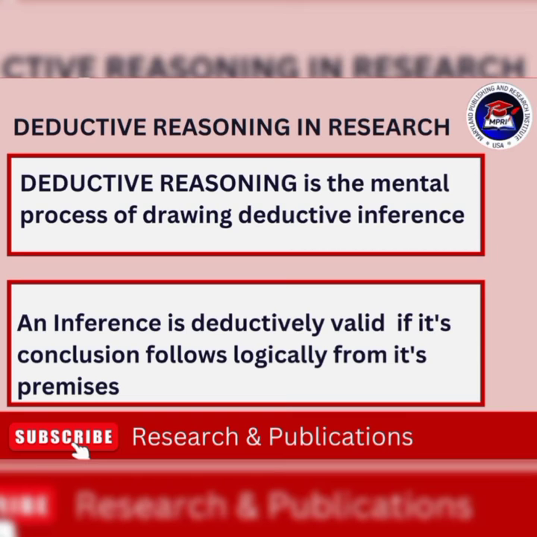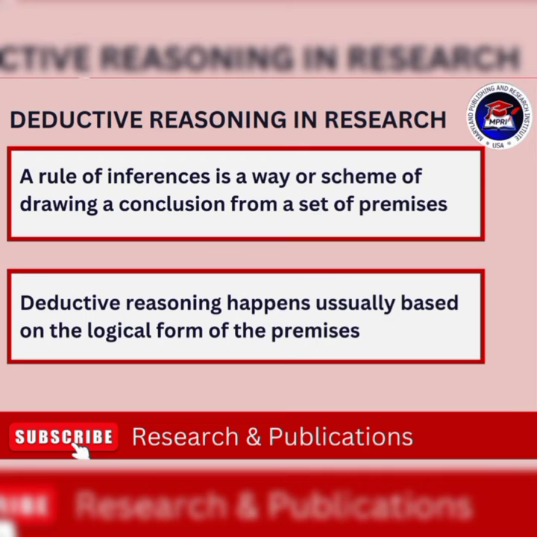Deductive reasoning. Deductive reasoning is the mental process of drawing deductive inferences. An inference is deductively valid if its conclusion follows logically from its premises. For example, it's impossible for the premises to be true and the conclusion to be false. In research, deductive reasoning often occurs by applying rules of inference.